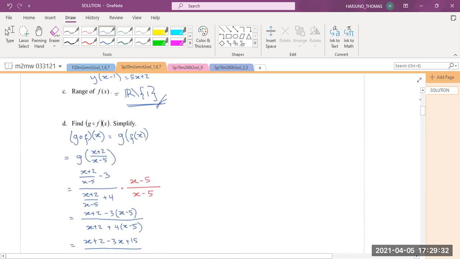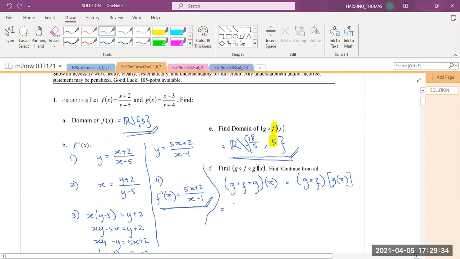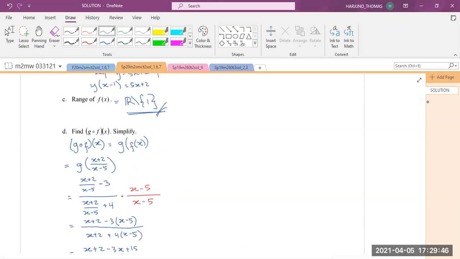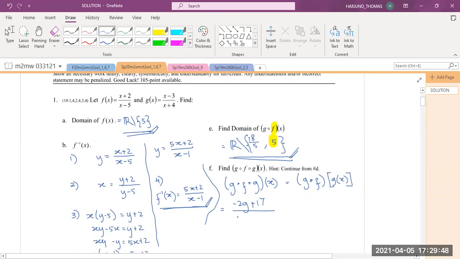So this will be negative 2g plus 17 over 5g minus 18. Right? So I replace this g(x) here. And f compose g is that.